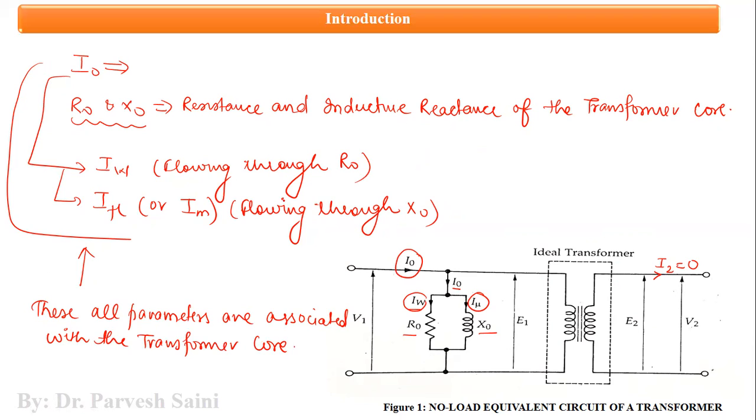So that means in primary also the rated current will not flow.